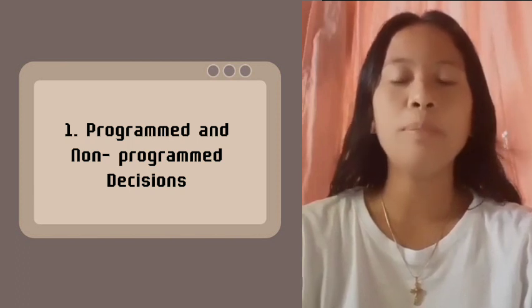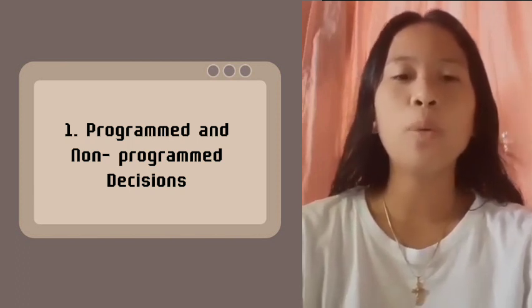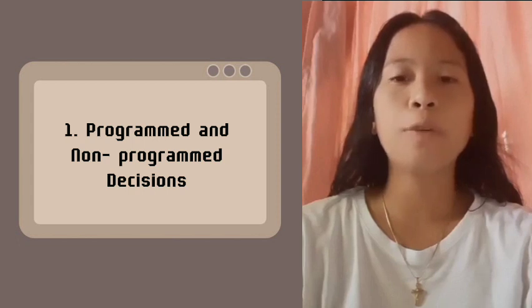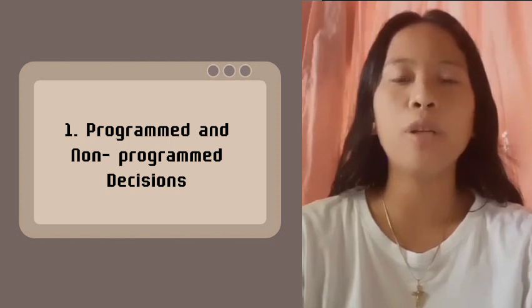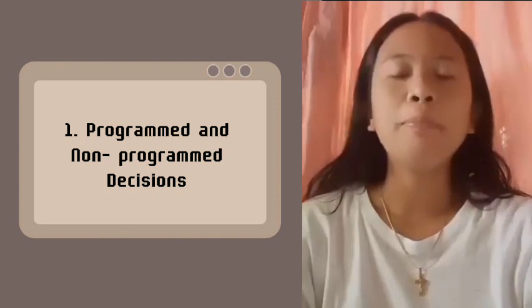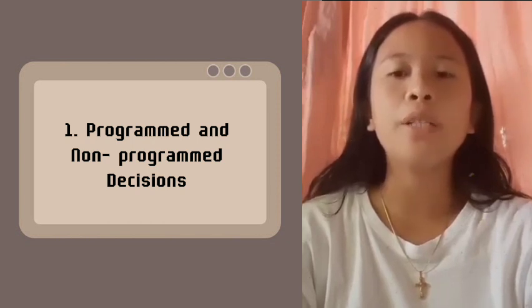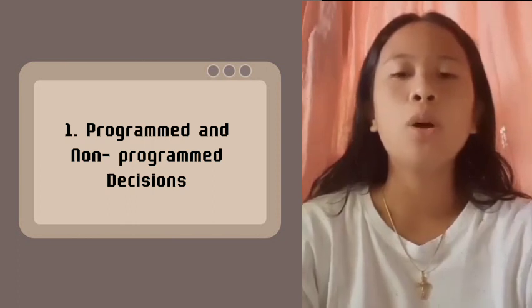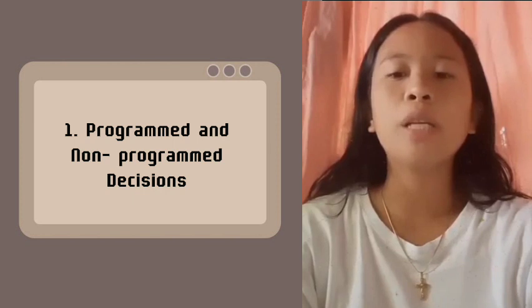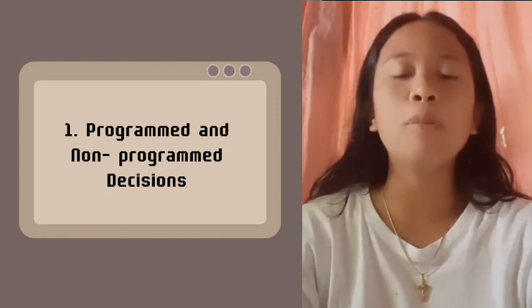First, program decisions: developing work schedules for part-time employees, decisions regarding personnel arriving late to work, and reordering office supplies. And non-program decisions: deciding whether to acquire another organization, deciding which global markets offer the most potential, or deciding whether to sell off an unprofitable division.